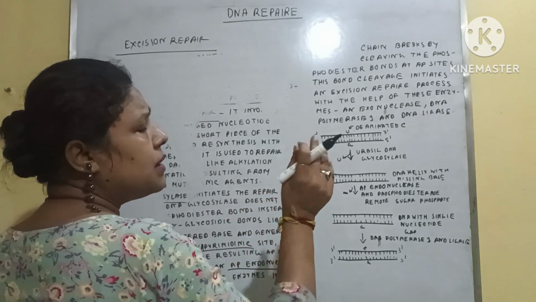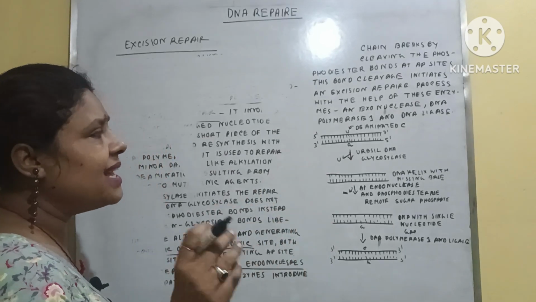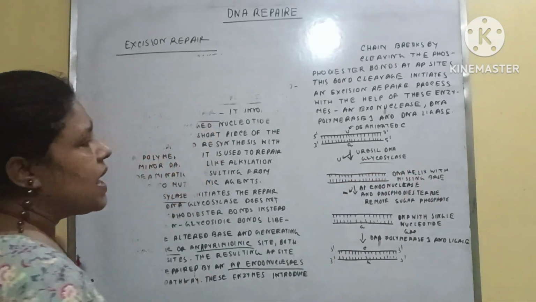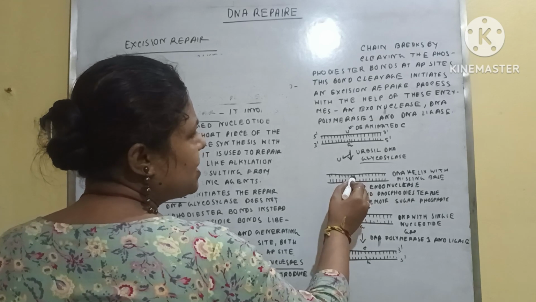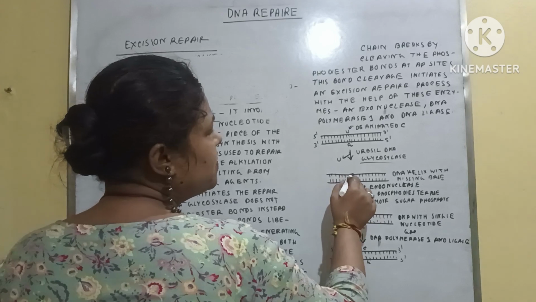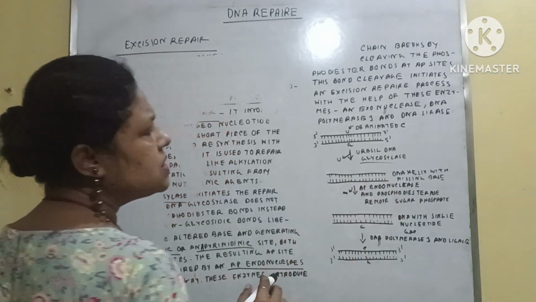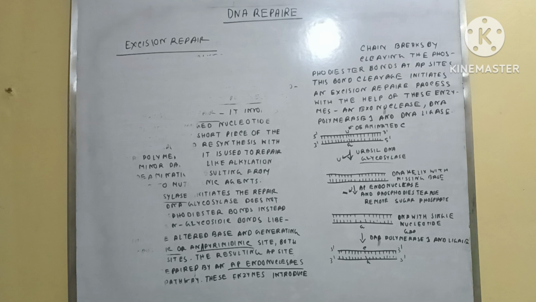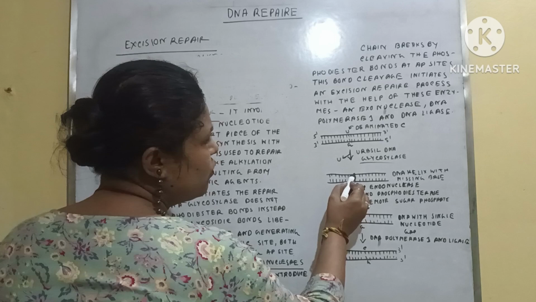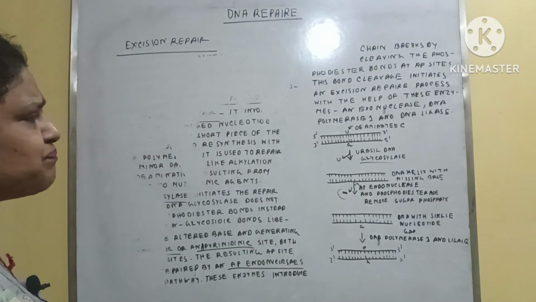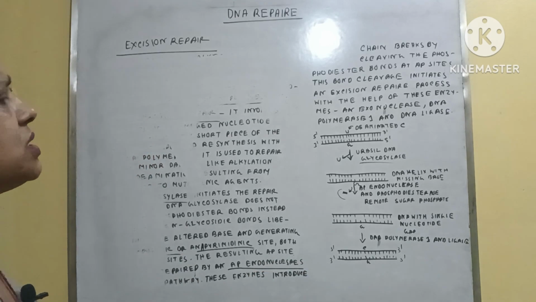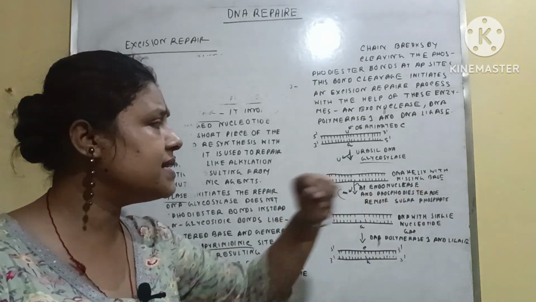First the damaged part must be identified, and the repair is initiated by the glycosylase. The base is removed from the double helical DNA strand, and then the phosphodiester bond is also removed with the help of the phosphodiesterase enzyme.